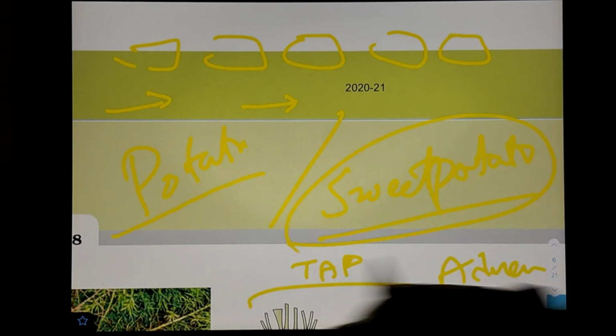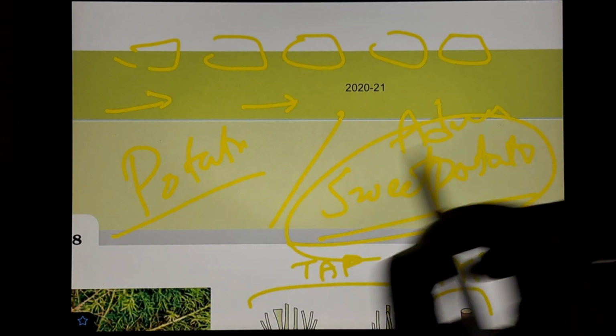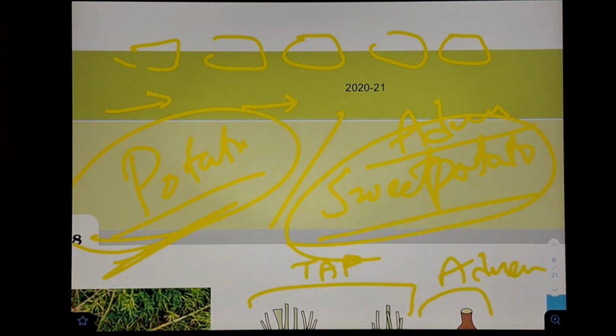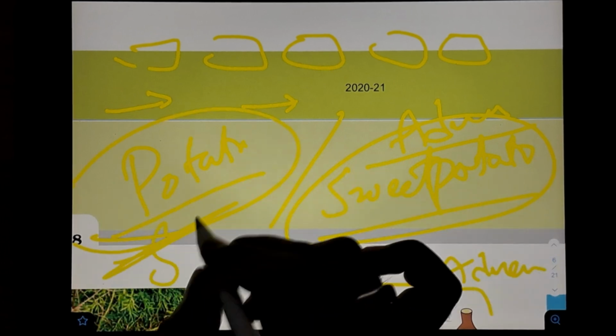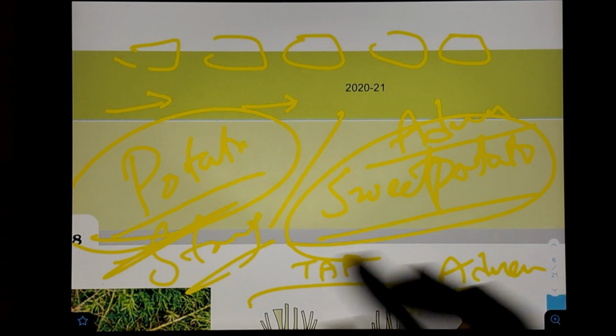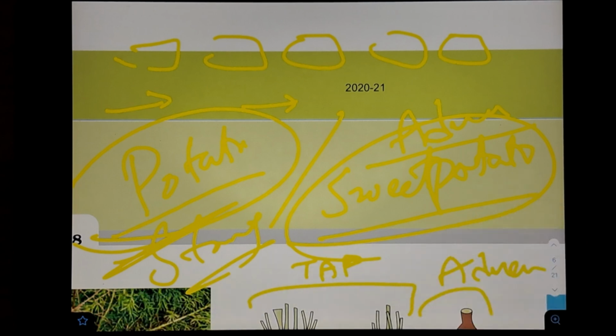The sweet potato is adventitious, but potato is not an adventitious root. Potato comes under just storage. Potato is a modification of stem. It is not a root. But they will confuse you by giving 2 examples, sweet potato and potato. You may go wrong here, but be careful. This is one of the examples.